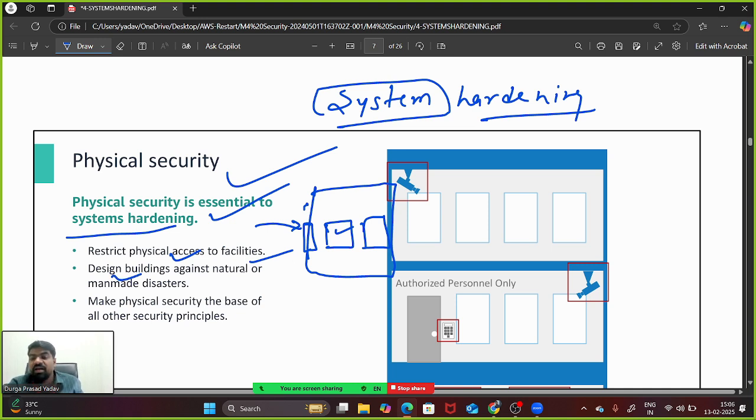And design buildings against natural or man-made disasters. Whenever you are designing the building, it should be reliable. If any kind of natural or man-made disaster comes, it should carry forward, meaning it should not get that much affected by the disaster.